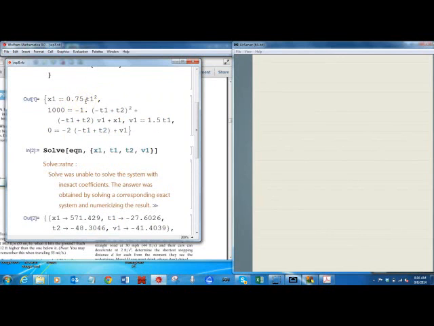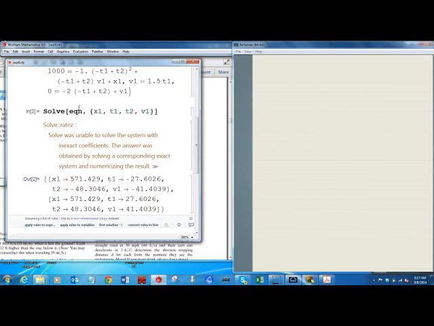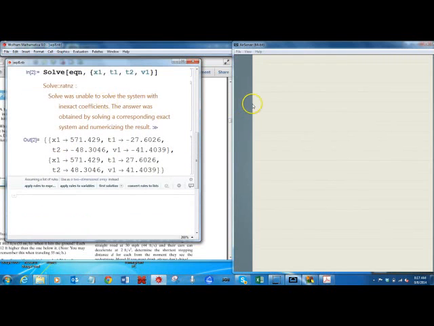If you take out all the decimals, for example, 0.75, write it as 3/4. You don't have to, but if you did, you'll get an answer in exact mathematics. It'll use fractions, and it's really pretty neat. But engineers always like decimals, right? So anyway, that's Mathematica.